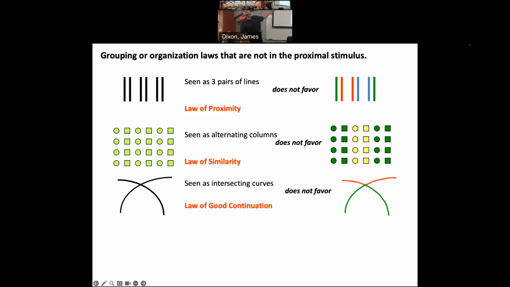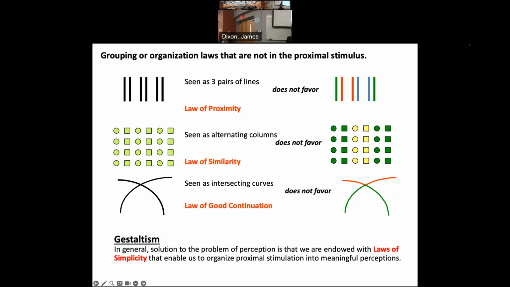Law of similarity: things that are similar tend to get grouped together, and that creates things hanging together that don't necessarily have to hang together. Likewise, the law of good continuation says that when you have intersecting surfaces, you tend to go with what's likely, what's smooth, what's nice.